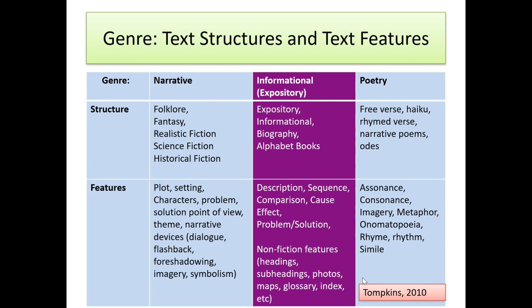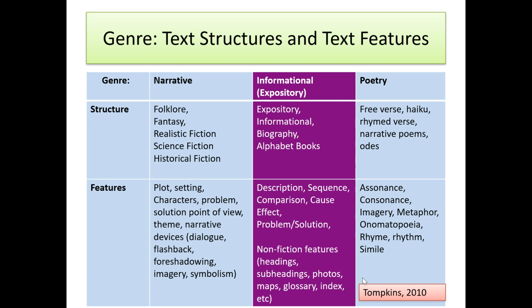For structure, for informational text, informational may also be called expository, and your students are going to know the word expository because they're expected to write expository texts on their 4th grade STAR exam. So start thinking of informational as expository because you'll hear that more than you'll hear informational text. But those are biography, alphabet books, and informational text.